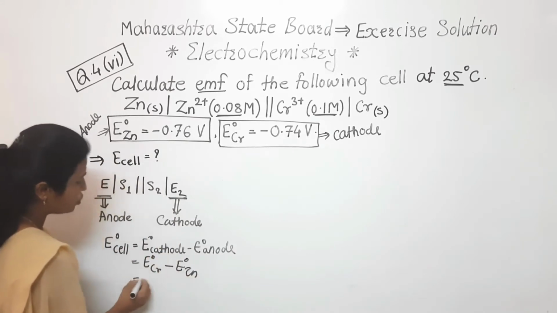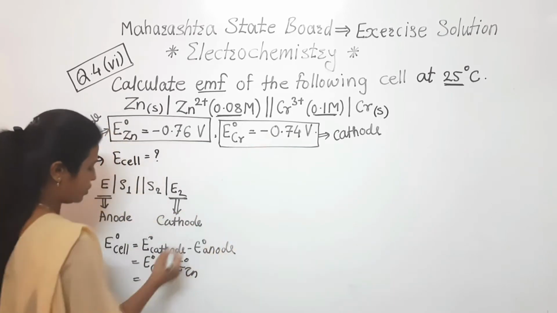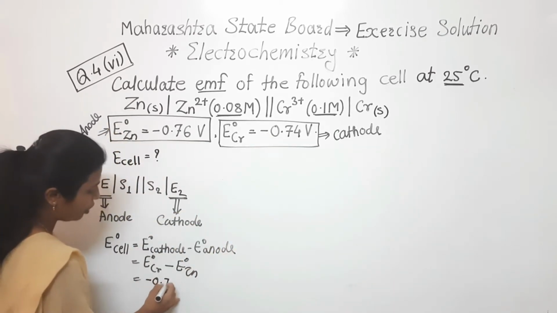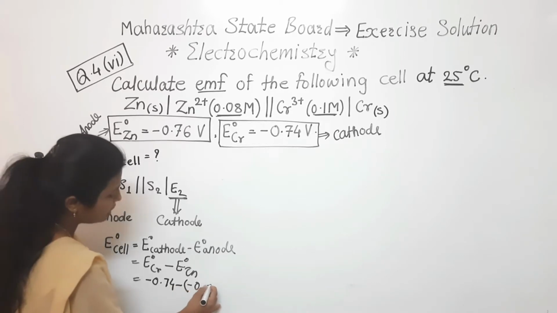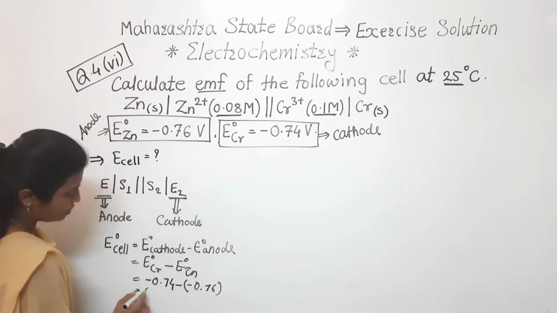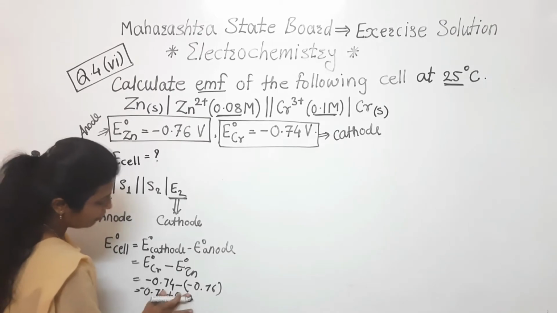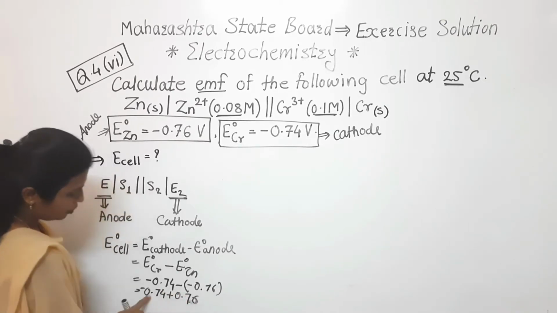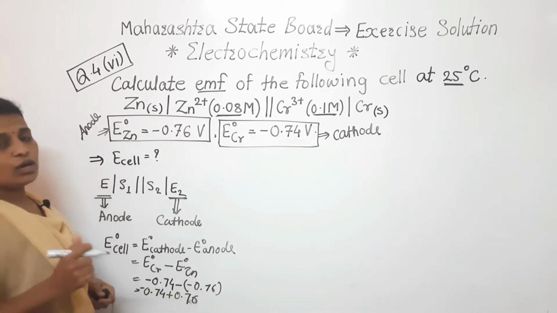So we have to put the values of them and just add or subtract them. So firstly minus 0.74 minus minus 0.76. After that minus will become plus. So minus 0.74 plus 0.76.